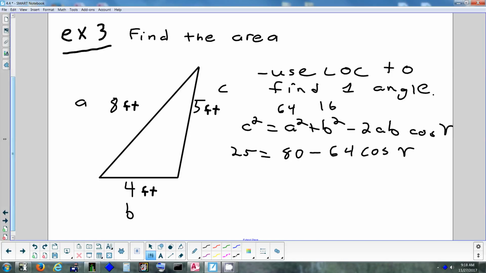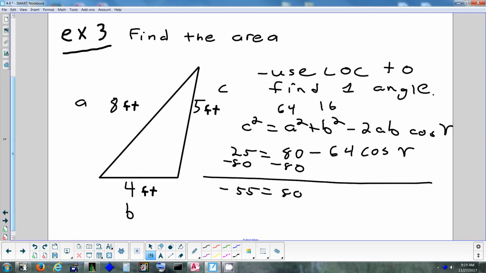What would be my next step to start getting the cosine gamma by itself? Yep. Subtract the 80 from both sides. Right, you cannot do 80 minus 64 because the 64 is multiplied by a variable. But you can subtract 80. 25 minus 80 is going to give me negative 55.